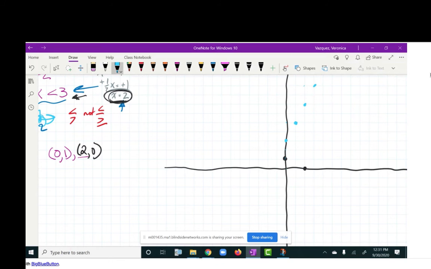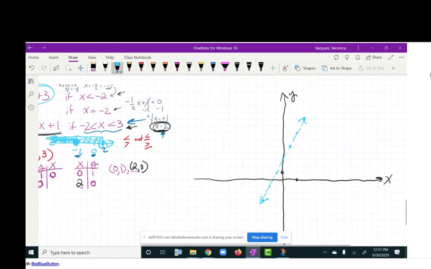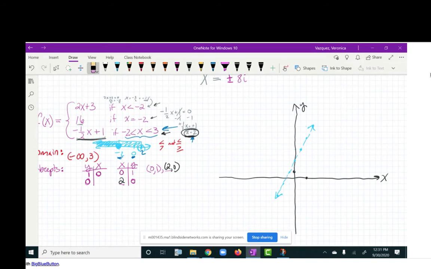I can also go down, back 1, back 1. Now, I'm just going to go ahead and connect it with a line. I'm going to make a dotted line. Okay, that's the top part of my expression.